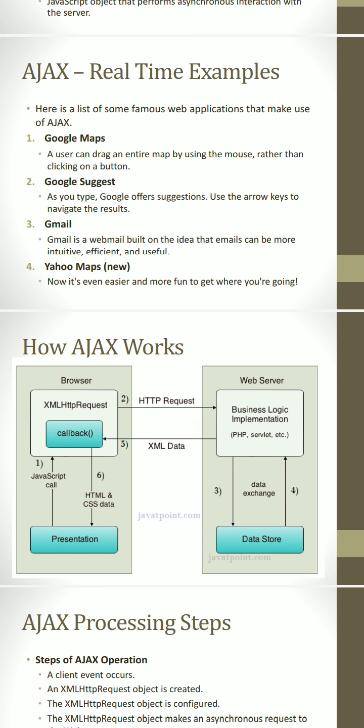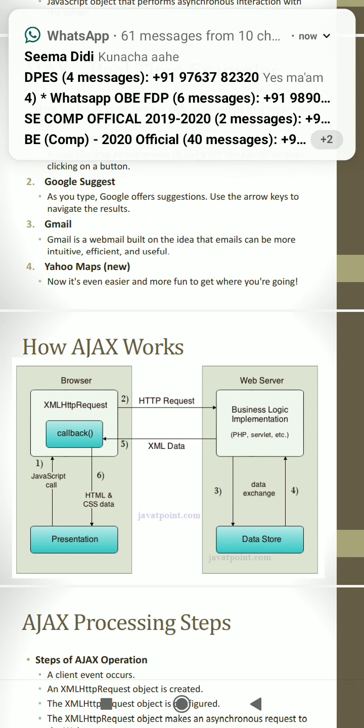Which are the server side scripting languages? You know, JSP, PHP, ASP.NET, servlet, all these are server side scripting languages. With the help of any of these, the server will interact with the database, and the data will be retrieved from the database as per the requirement of the user.